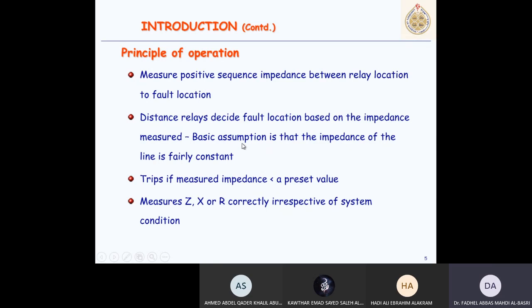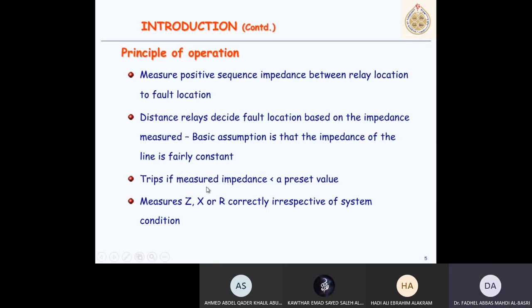This principle assumes that the impedance of the line is fairly constant, that the transmission line parameters are fairly distributed along the line.